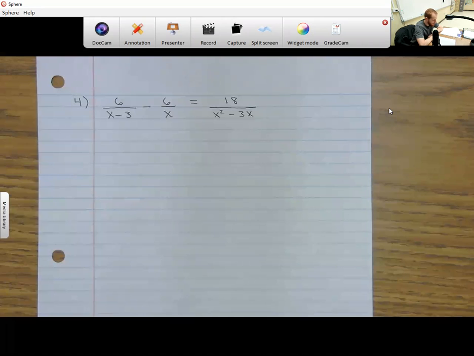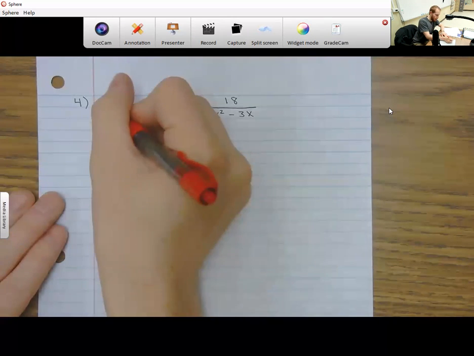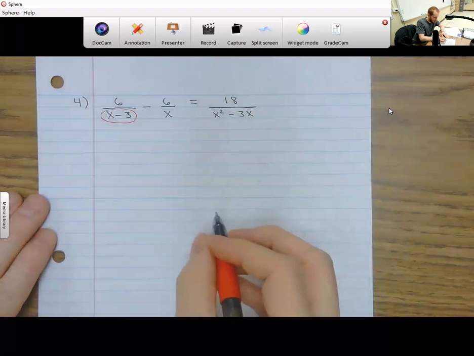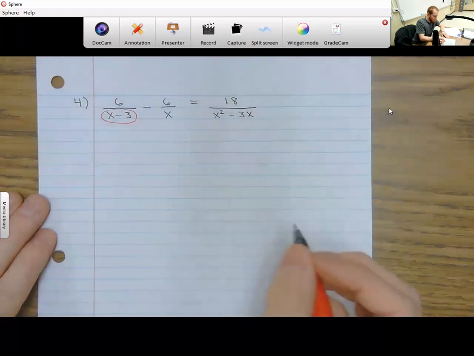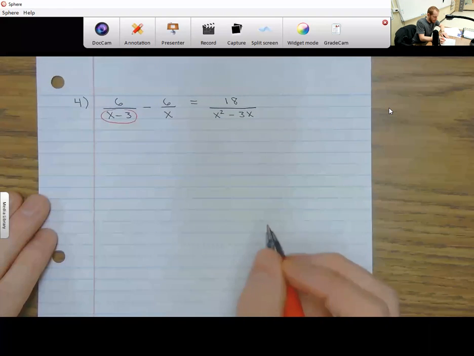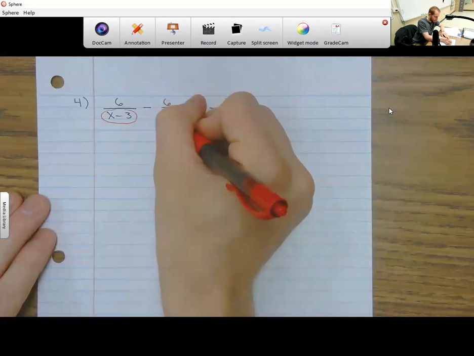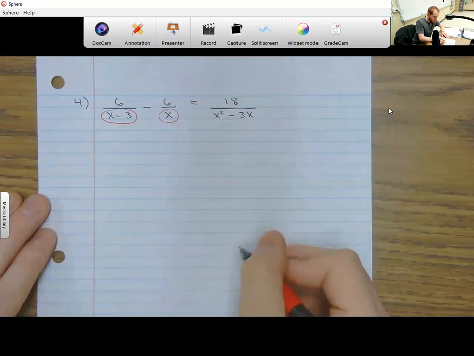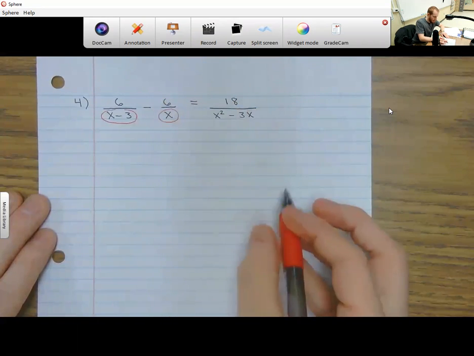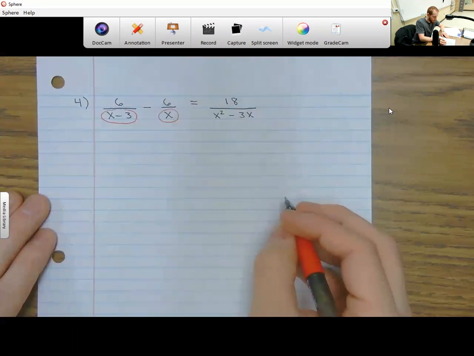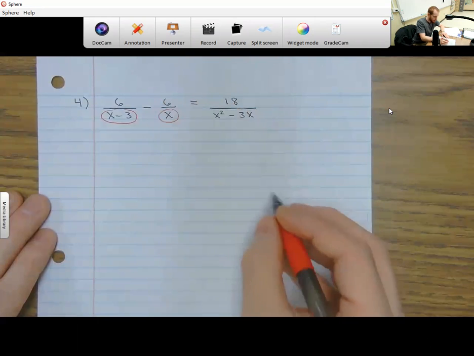So looking at this one, I have an x minus 3. That's on my first fraction. That would be my first denominator. And then on the next fraction, I have an x at the bottom. And then for this last fraction over here, I have x squared minus 3x.